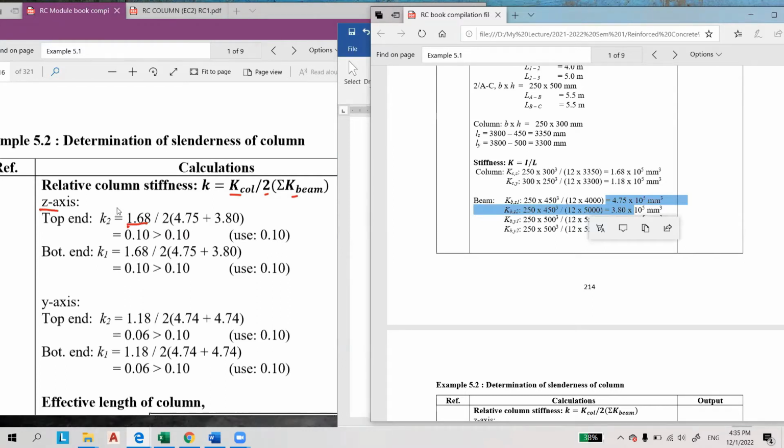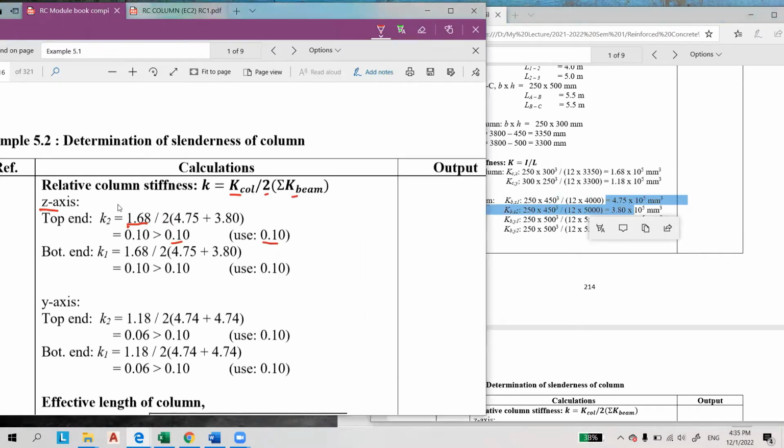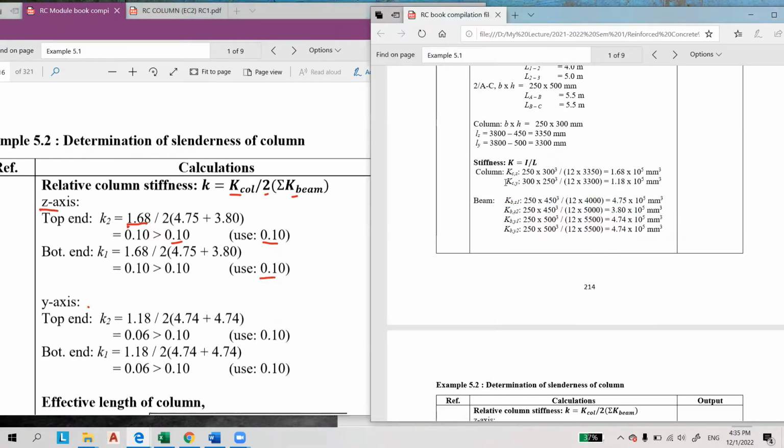Use the similar approach. If the value is more than 0.1, you use 0.1 as the K1 and K2 at the top and bottom. So for the y-axis, you just use the value. This is the KC for y-axis, 1.18.